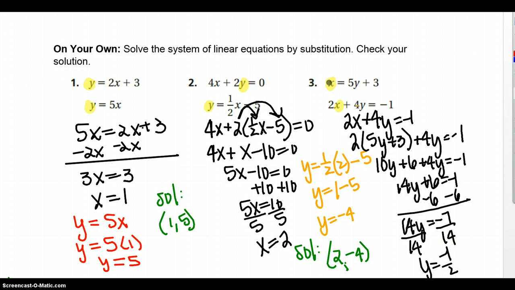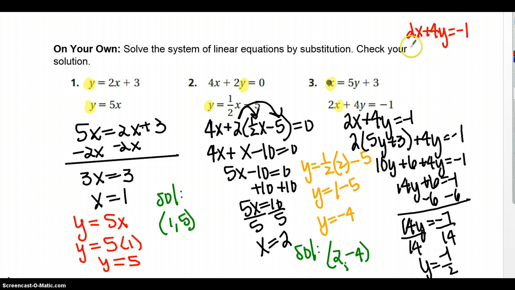Now I need to plug y is equal to -1/2 back into one of these equations, and I'm going to do the second one simply because I know easily what 1/2 of 4 is. I don't want to mess with 1/2 of 5 because then you start getting decimals, and I don't want that. So I'm going to do it up here. 2x plus 4y is -1.